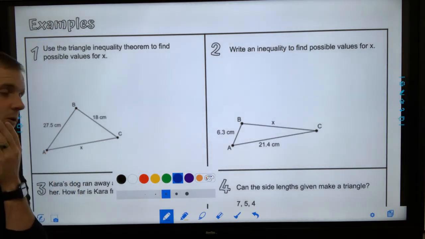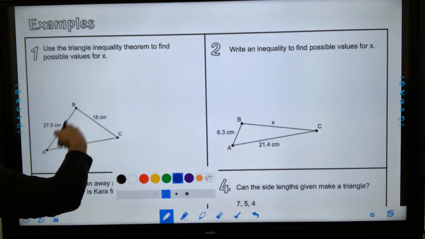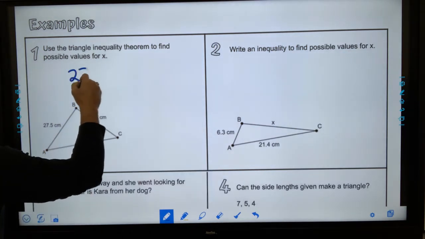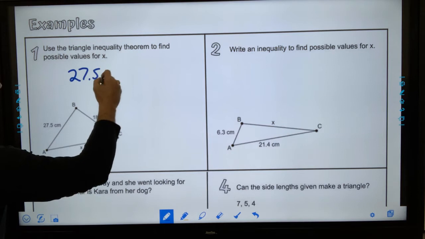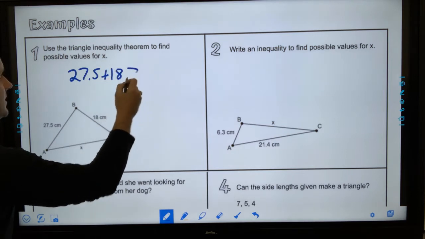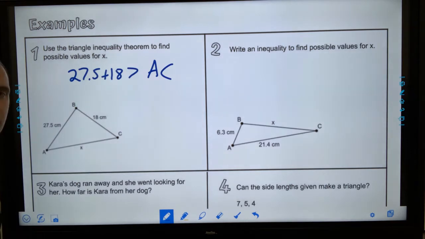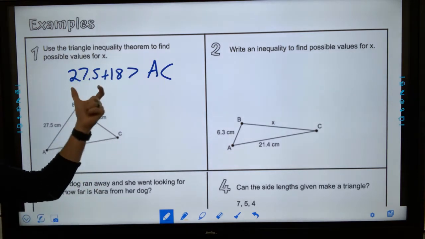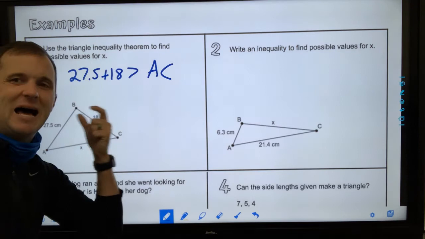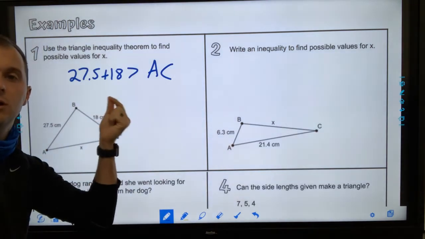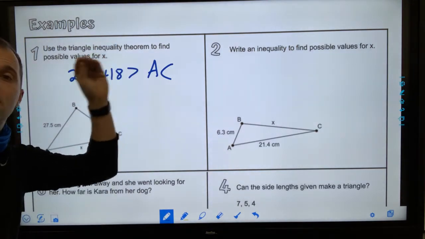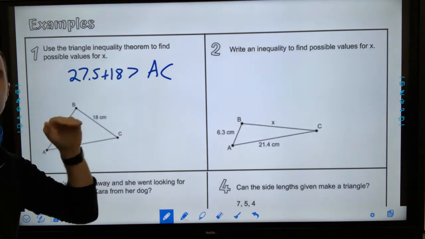Look, if I take 27.5 and add 18 to it, that means the sum is going to be greater than AC. Does that make sense? So whatever this value is, when I add those together, that's going to be the highest possible value that it can't reach, the greatest value.